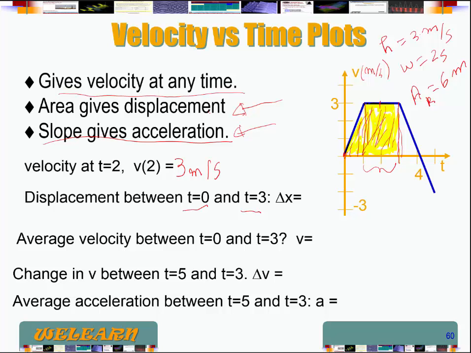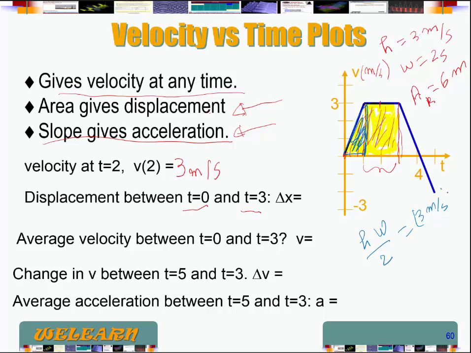Now the next area, let me choose a blue color here. That's this triangle here. Now the area of a triangle is also height times width over 2. So in this case, the height is still 3 meters per second.